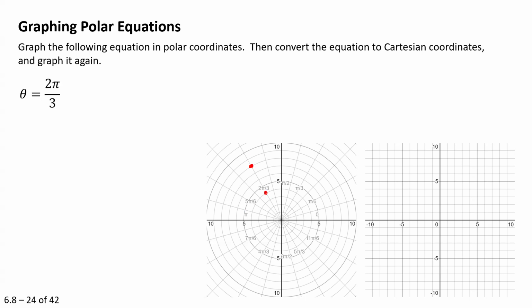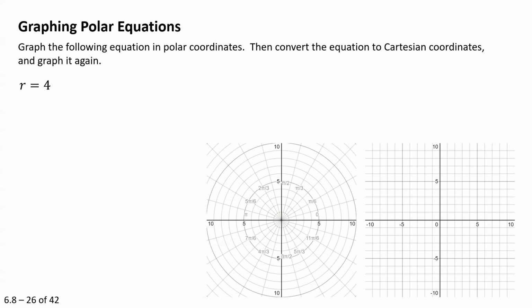Is this point on theta equals 2 pi over 3? Yep. It's a line, along one of these radial lines here. So theta equals something is a line going through the center. Same thing with 11 pi over 6, just a line going in that opposite direction.